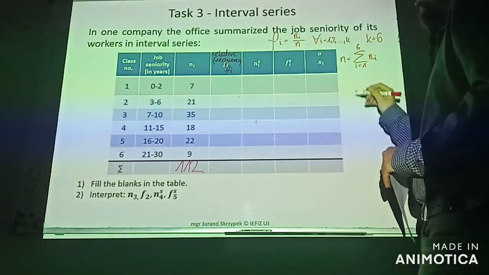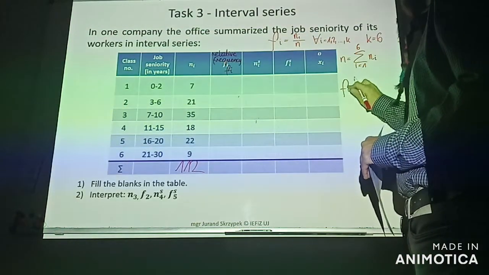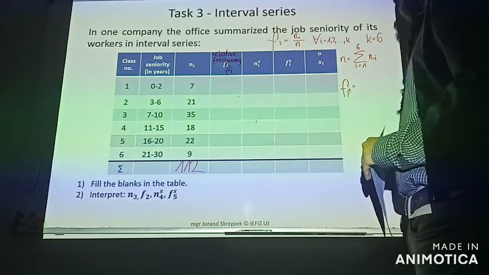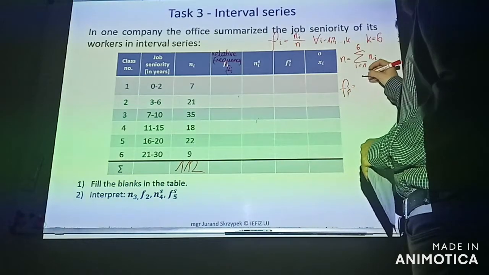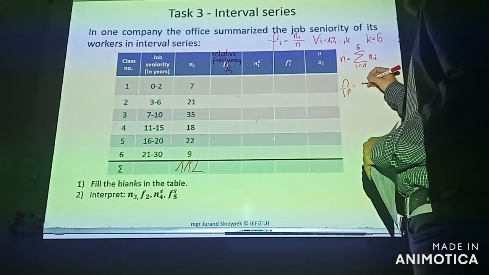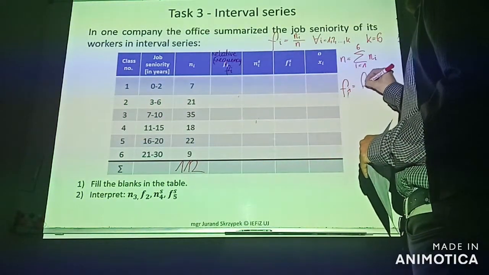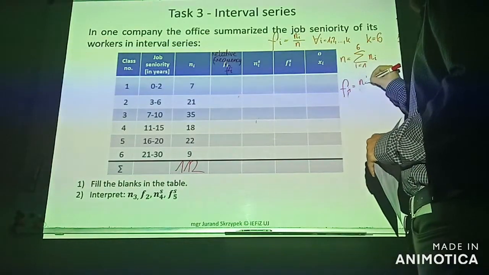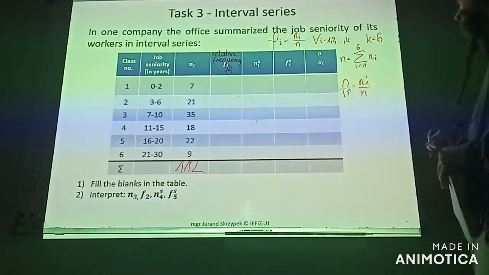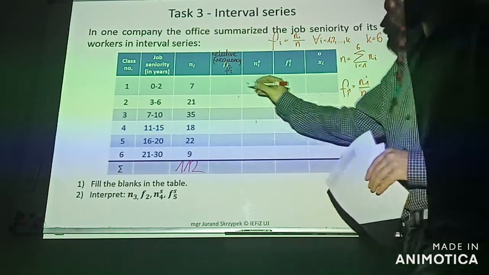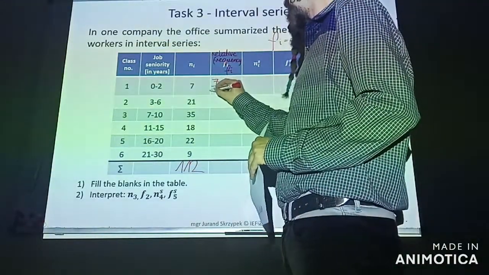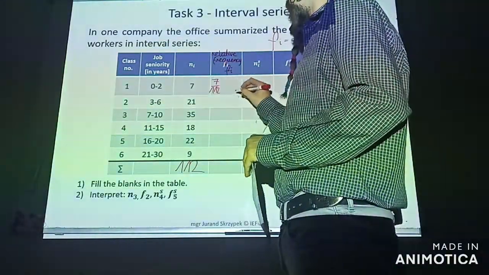Okay, never mind. Relative frequency. First relative frequency, F1. It is a ratio, N1 divided by N. So here we divide 7 by 112.